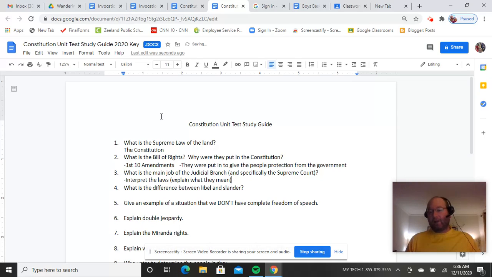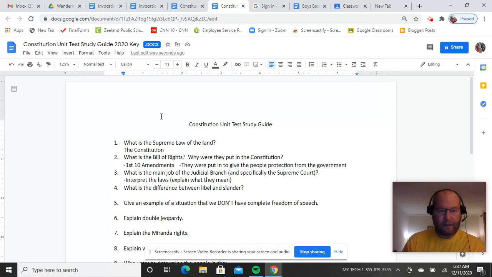And that can change depending on who's on the Supreme Court and depending on what the law is. So, if they're asked to interpret the Second Amendment, some people might say the Second Amendment says the right to bear arms, so you can have any weapon you want. That's how some people interpret it. Other people interpret it as, you can't have any weapon you want. Times have changed. Technology has changed things. You can't have a nuclear bomb in your basement.